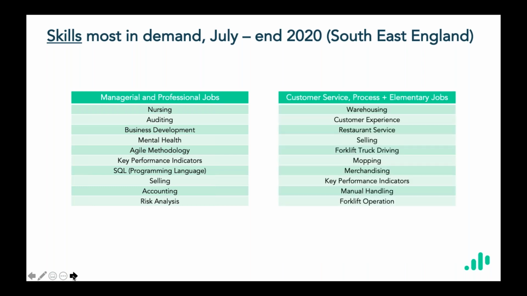If we then compare that with customer service, process and elementary jobs, so entry-level jobs and those jobs that are typically paid the least in a labour market, we can see a couple of skills appearing in both lists, so it's obviously useful to be able to sell things, but actually the lists are really very different, and that's not surprising. We see very different skills in demand for very different jobs.